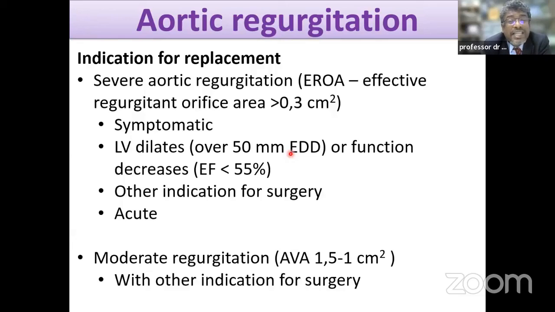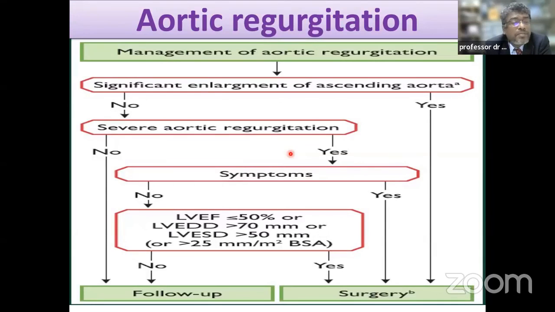And if the patient has acute severe aortic regurgitation, aortic valve replacement is necessary. And when there is moderate regurgitation, if the patient has another indication for surgery and has symptoms, usually we do aortic valve replacement.